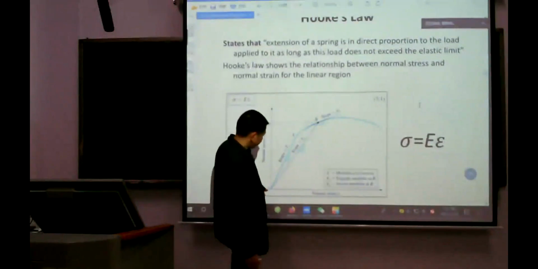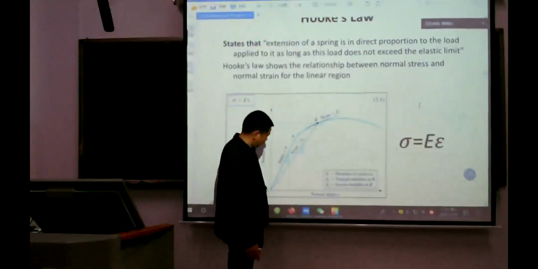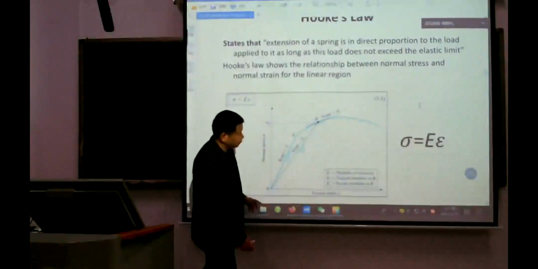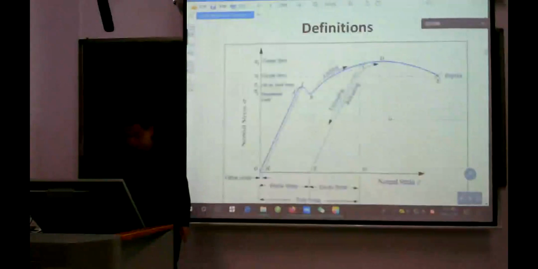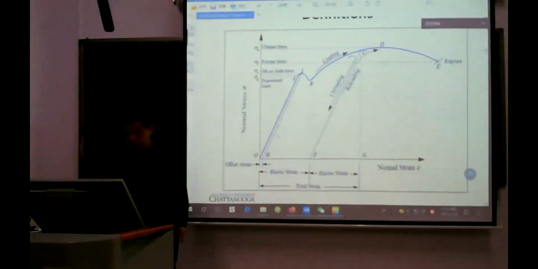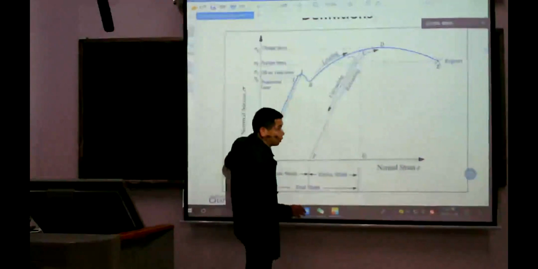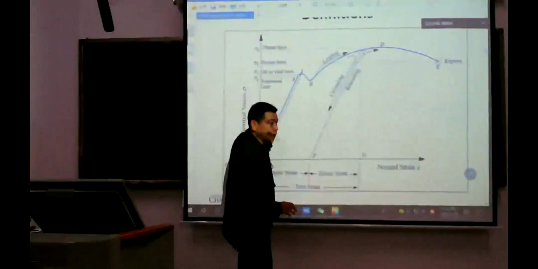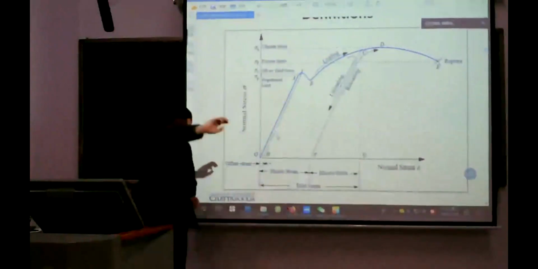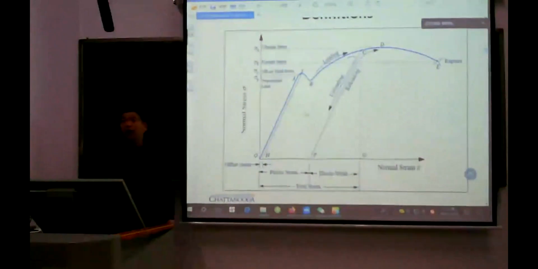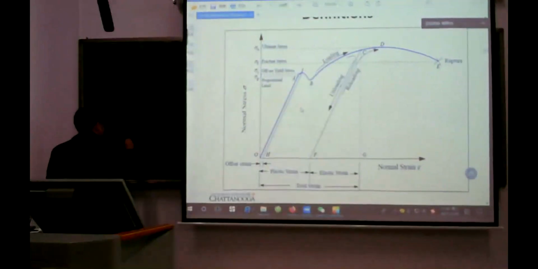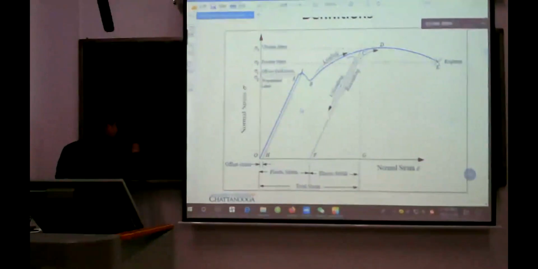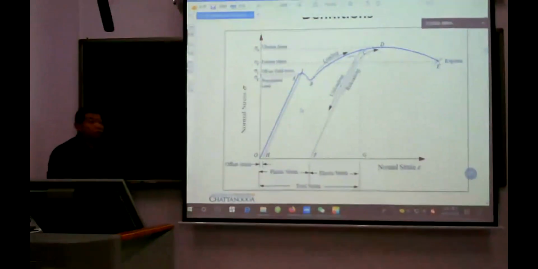In the first part, because it's a straight line, the slope of the line is E. From this line we know sigma equals E times epsilon.